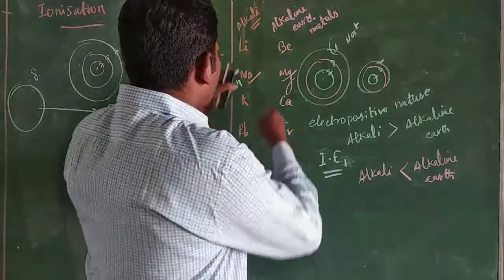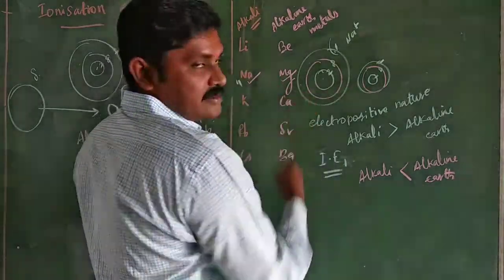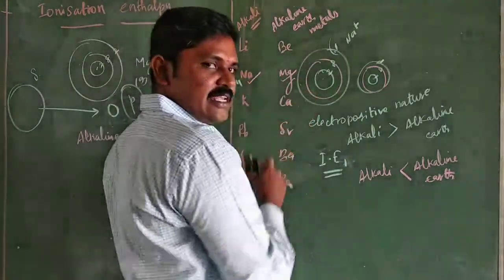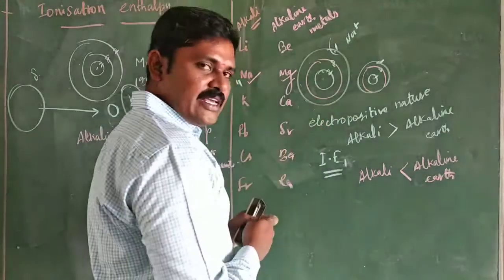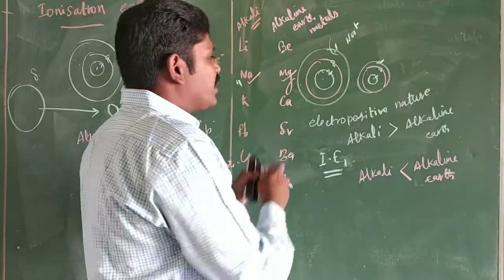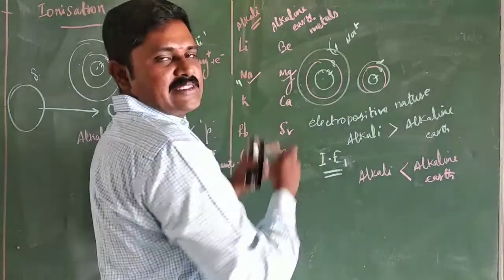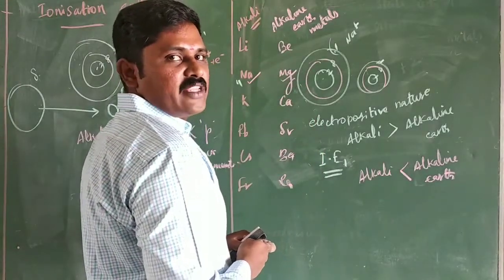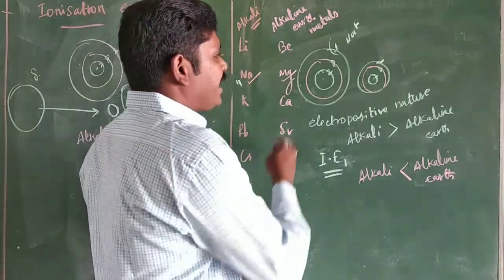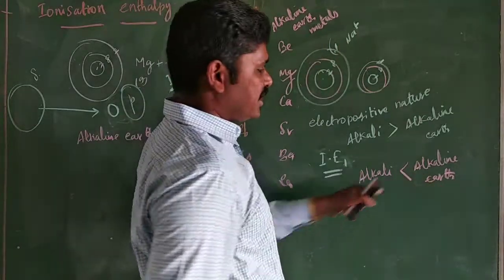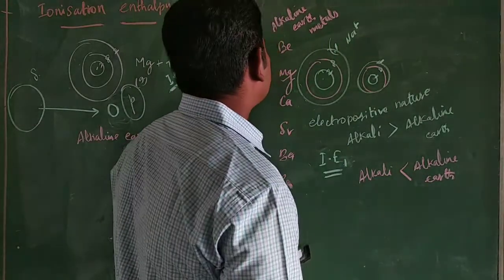The size decreases, the effective nuclear charge increases, and the screening constant decreases. The size decreases, so the ionization energy also increases in alkaline earth metals.